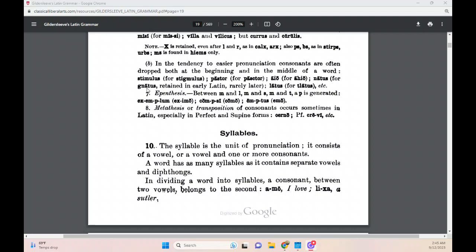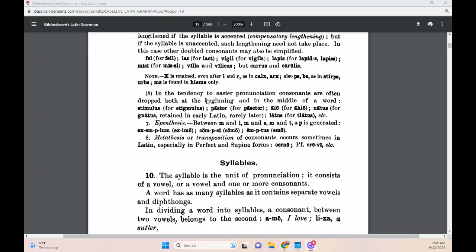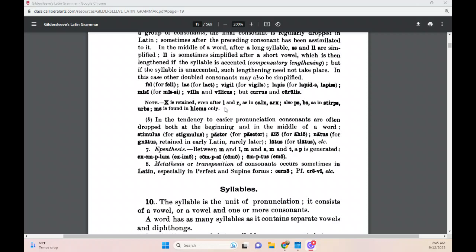We see 1, 2 separate vowels, so that word has 2 syllables. Let's try to find a more complicated word here. Here we have kurulis. We see 1, 2, 3 separate vowels. That word will have 3 syllables.